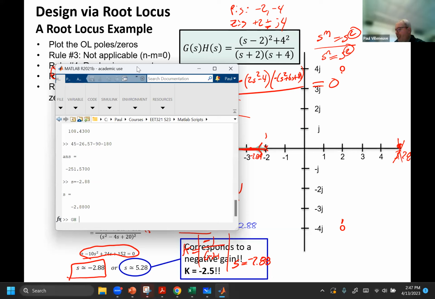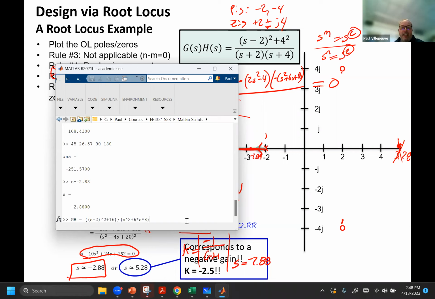My GH is going to be equal to s minus 2, that quantity squared, plus 16, that whole thing divided by s squared plus 6s plus 8.